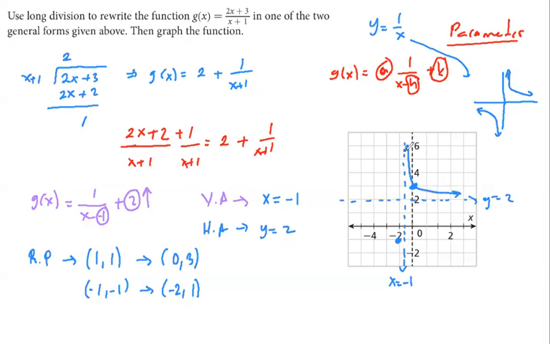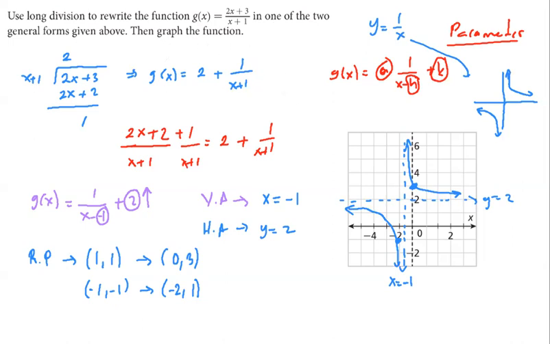You are going to continue this forever, but you are not going to touch y equals 2. You will just get too close, but that would be your horizontal asymptote. And the same idea on this part. So that is the graph of this function.